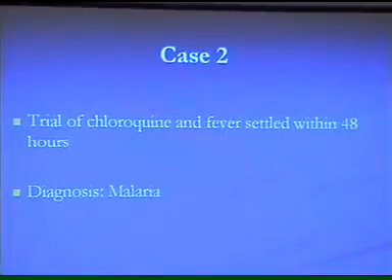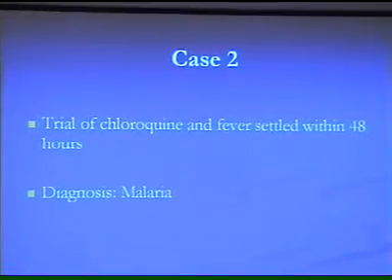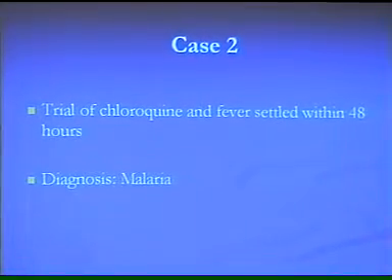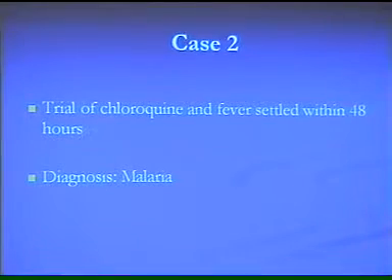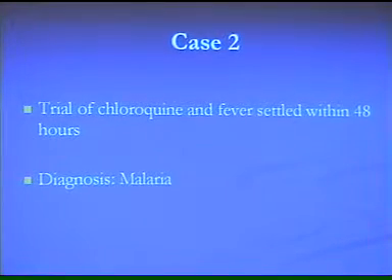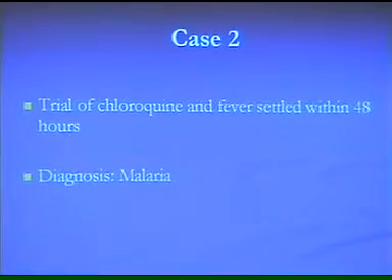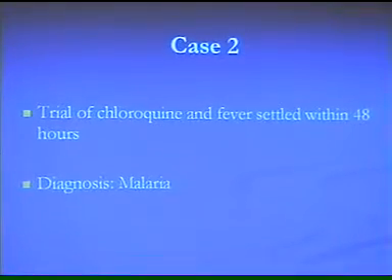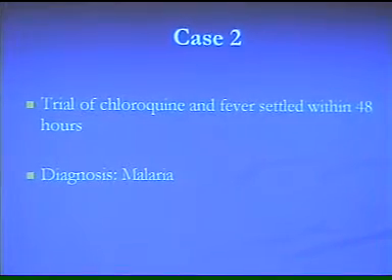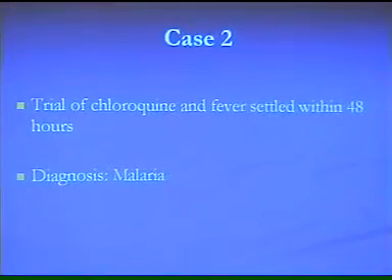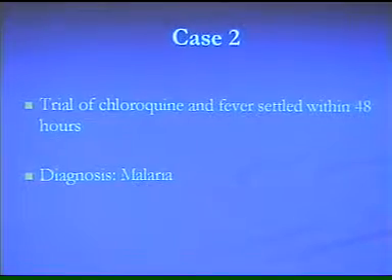This patient was given a trial of chloroquine and the fever settled within 48 hours. So if you look at this picture, fever with non-specific signs and symptoms and anemia, thrombocytopenia, slightly high bilirubin, increased LDH, and settled with a trial of anti-malarial drugs.